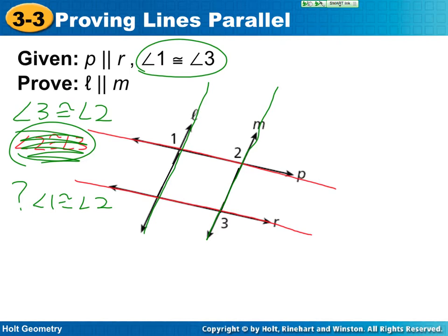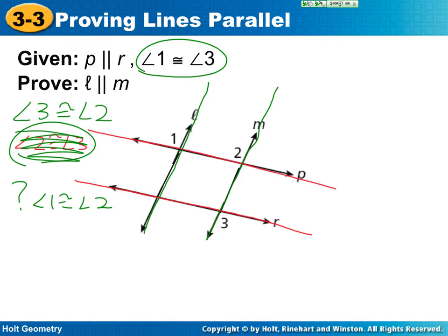It was given. And we said out of those two, we can come up with, if we use them in the right order, angle 1 congruent to angle 2 because of the transitive property of congruence. And I'm going to make a note, we used line 3 and then 2, just to help you follow it.